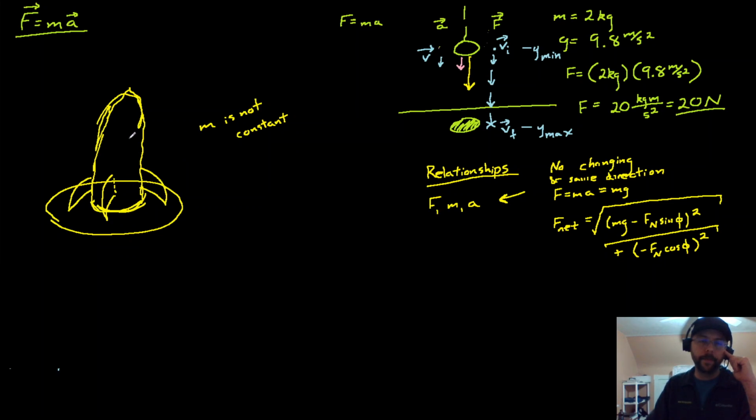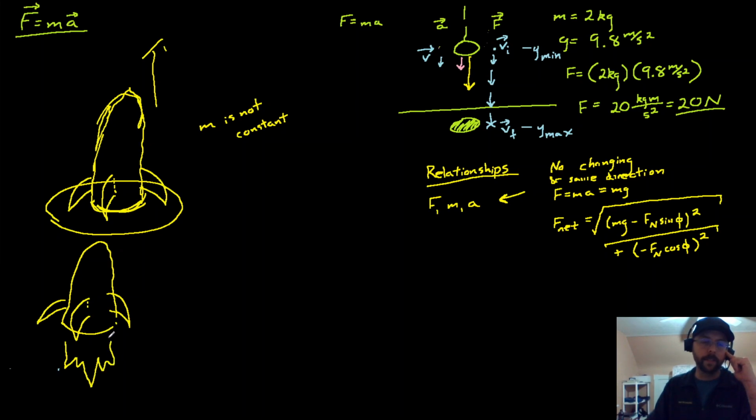So if the rocket starts to launch, then it's going to have some fire shooting out the bottom. I don't know, that's how I imagine it. I don't know a lot about rockets. So it has some fire shooting out the bottom, right? Well, it's doing that by burning up fuel.